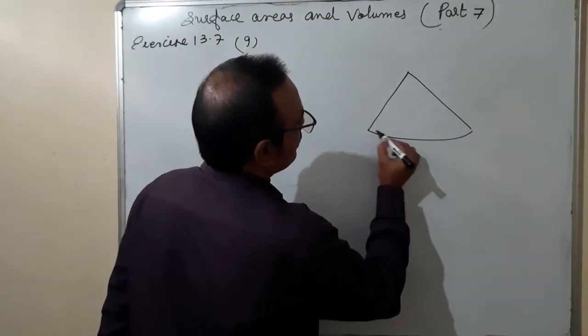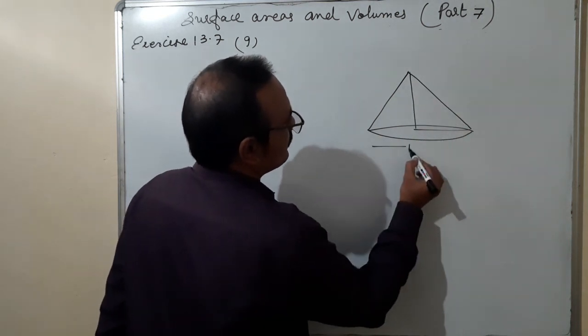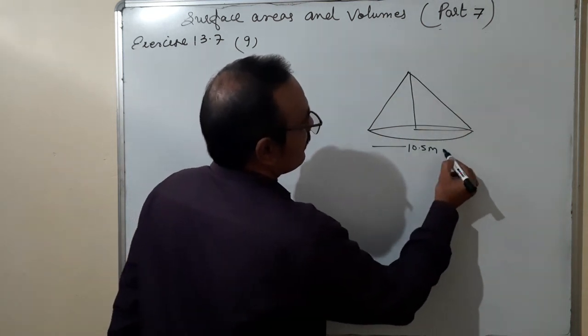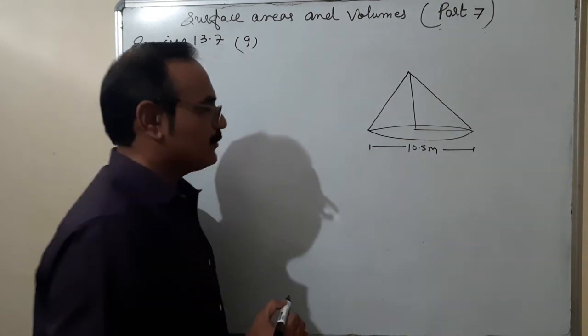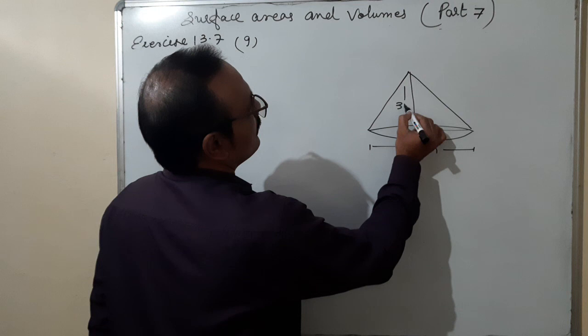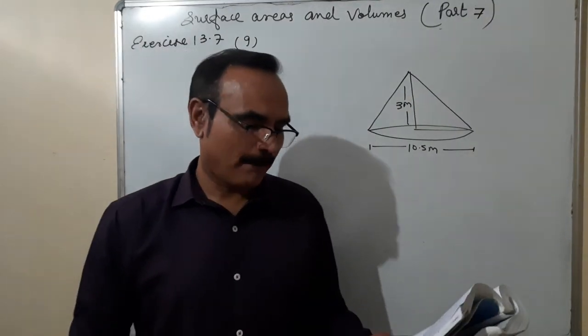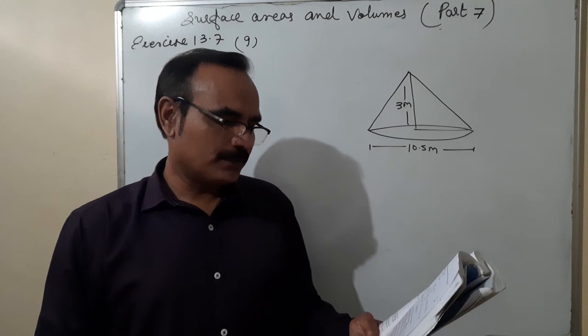Diameter is 10.5 meter and height is 3 meter. This is a heap of wheat. Find its volume. This is one.